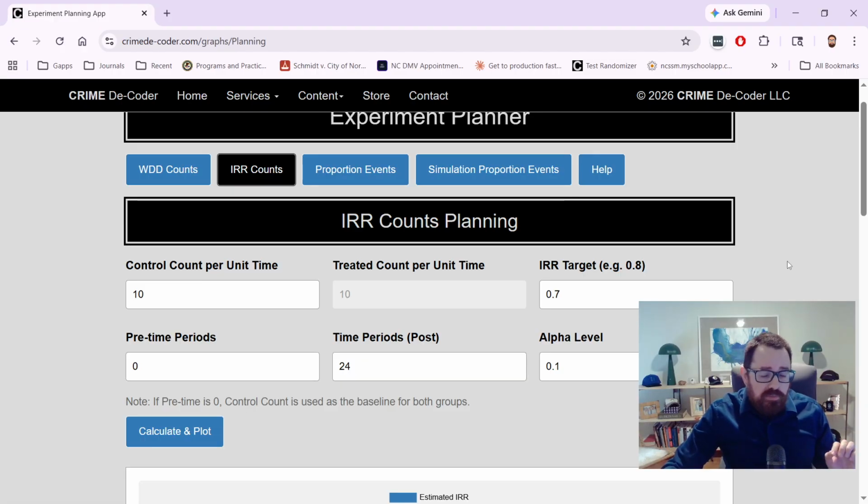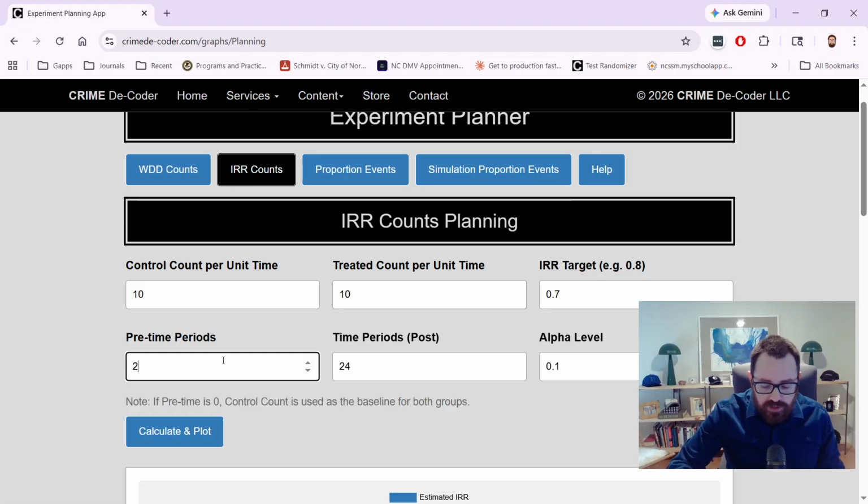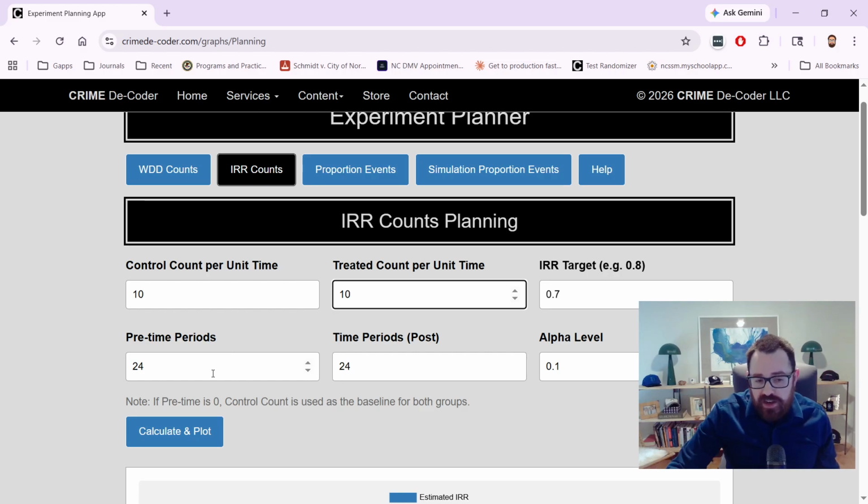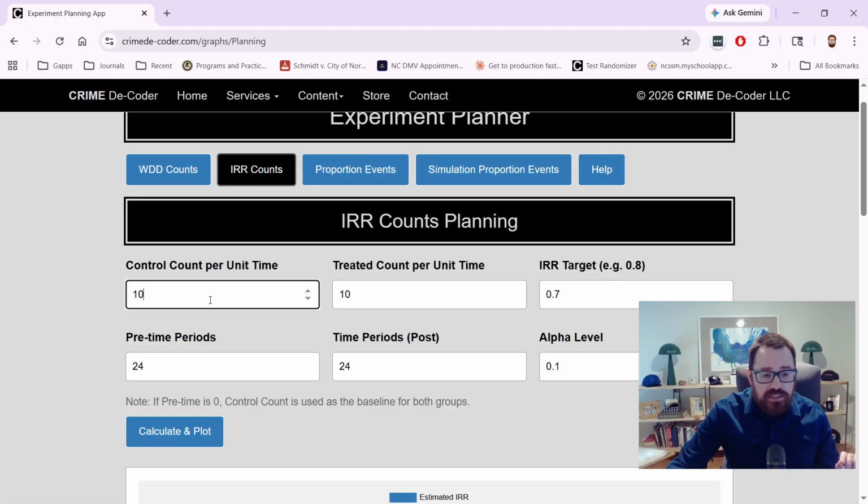But one of the main benefits of using the IRR is when you have very different baseline crime counts in the treated and control unit areas. Say we have 2 years of pre data. If you don't have any prior time periods, you still need that same consistent control and treated count. But what is different from the WDD tests is that here it's okay to use different baseline counts of crime.